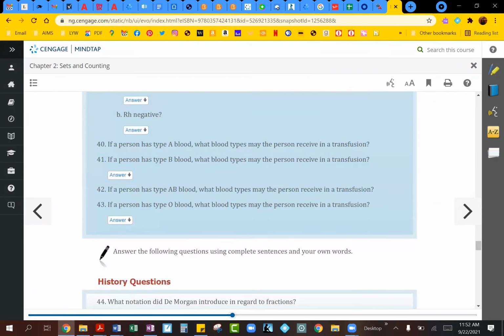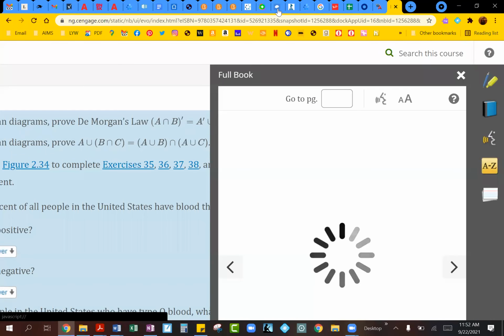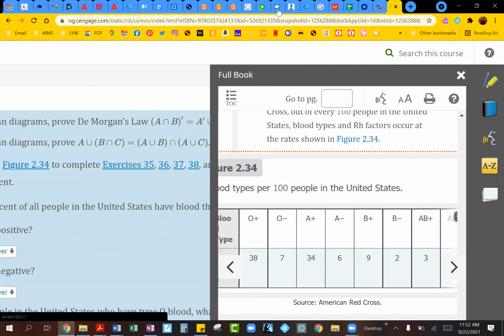And this one is talking about if a person, first let's look at the instructions here. So for 36, they're actually asking us to use this figure 2.34.